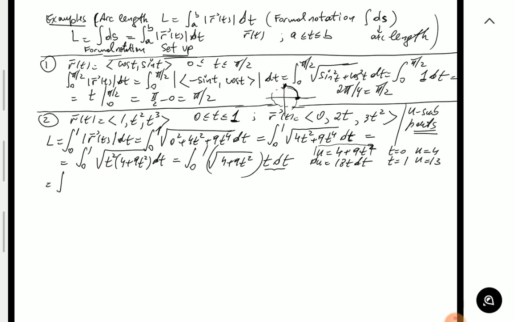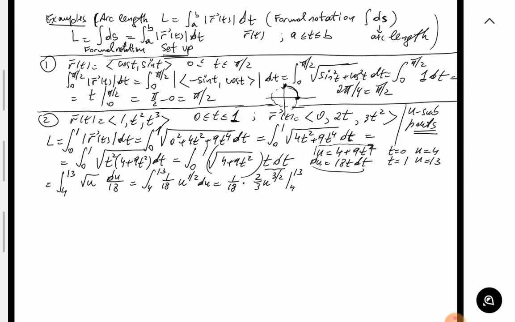So the new integral is from 4 to 13 of the square root of u, and from the substitution, t dt becomes du over 18. So 1 over 18, u to the 1/2, and then by the power rule, 1/2 plus 1 is 3/2, so I'm going to have 2/3 u to the 3/2 from 4 to 13.